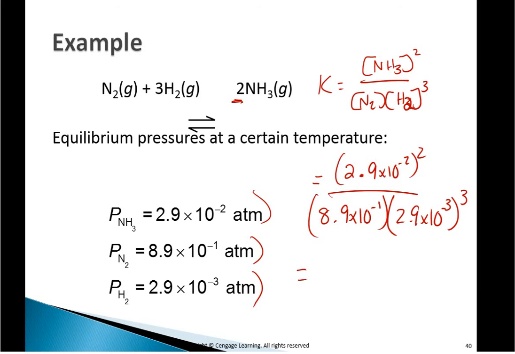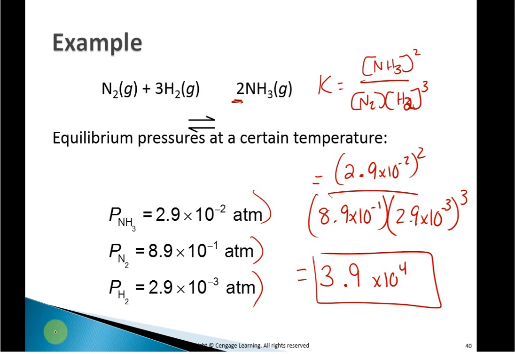It doesn't matter how you do it, but you should make sure you are getting the right answer here. Don't just assume that you are. And so you should get something like 3.9 times 10 to the 4. If you do not, come see me, talk to me about it.